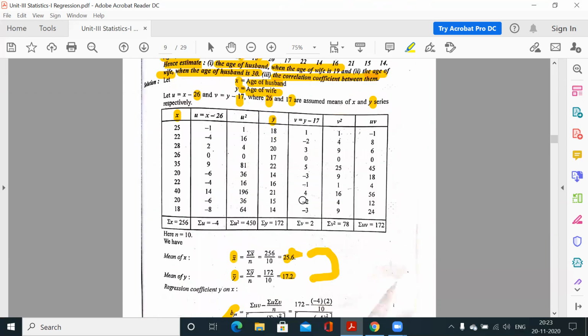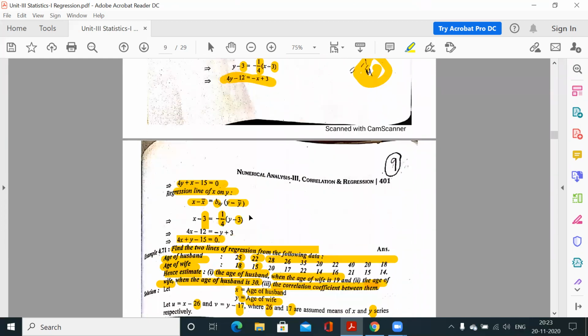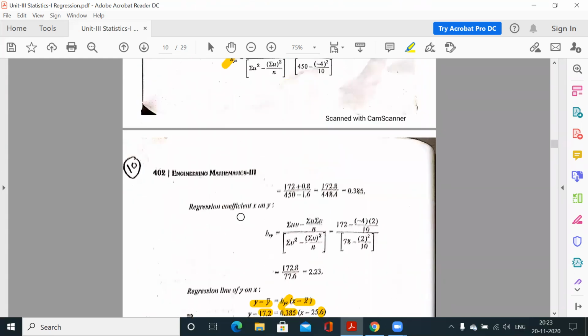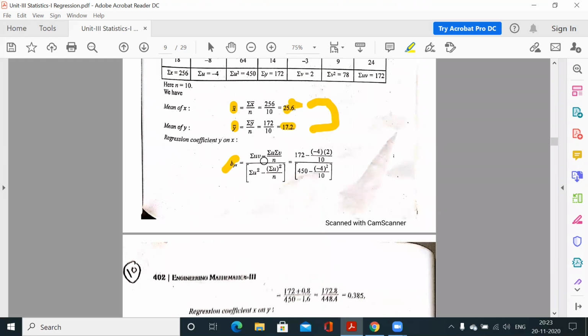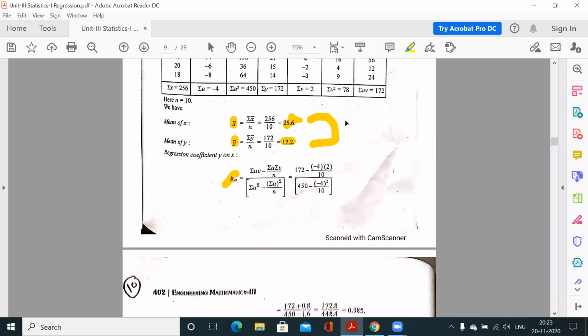So this is that formula only. Otherwise you can use this form also; the same formula is there. If we multiply this by n, you will get that formula. So either use this form or that form, there is no change in the answer.